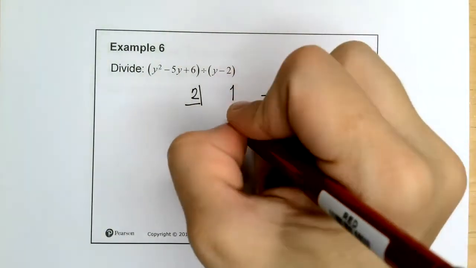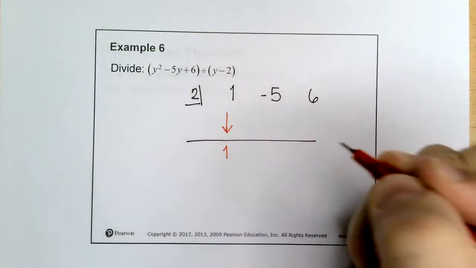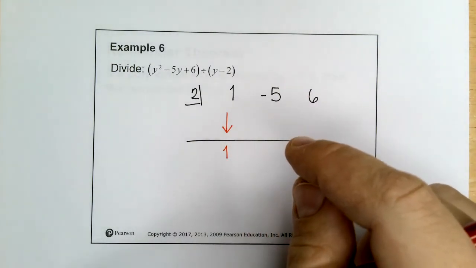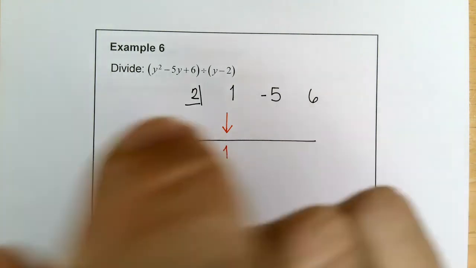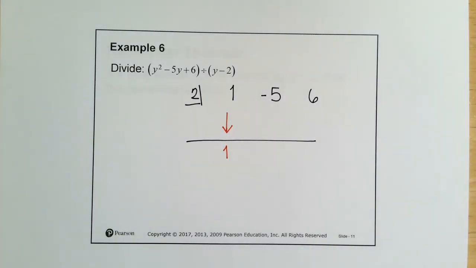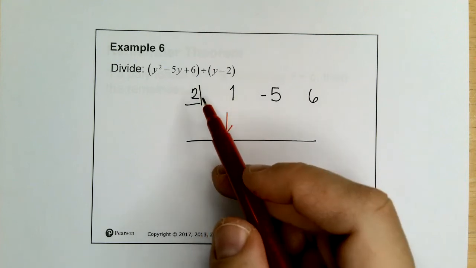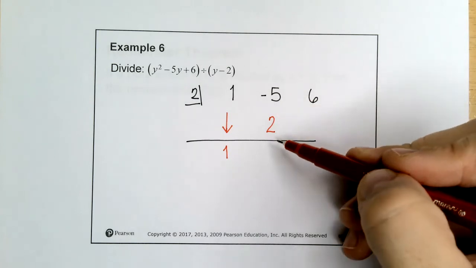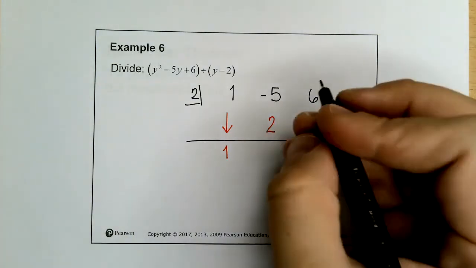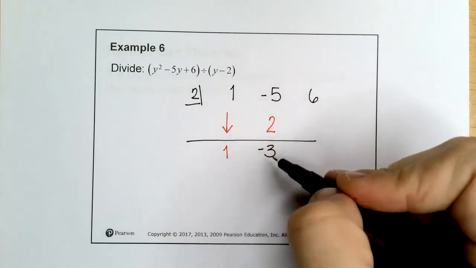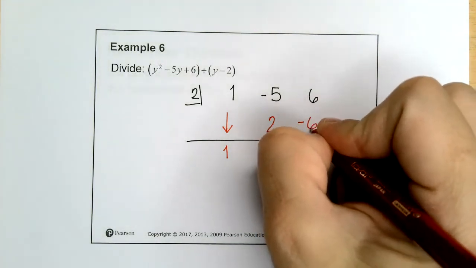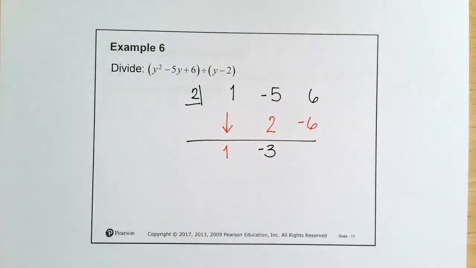And we take that 1, bring it straight down, just like last time. So that's here. The 1 multiplied by 2 in the divisor box gives me 2, so I'll put that right here. -5 combined with 2 becomes a -3. -3 times the number in the divisor box, -3 times 2 is a -6. 6 combined with a -6 is just 0.